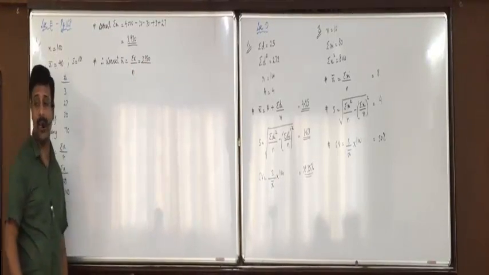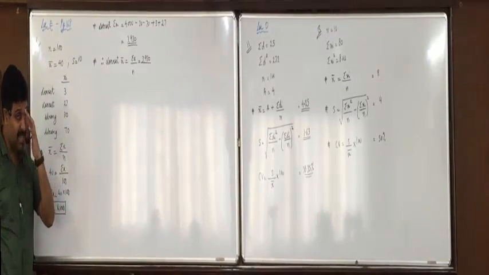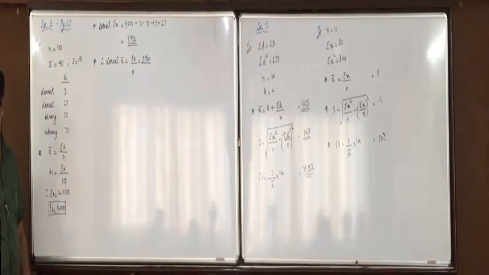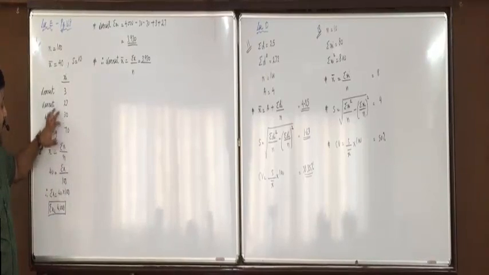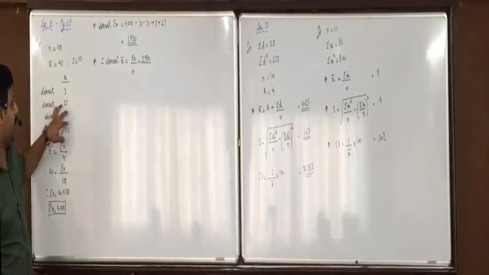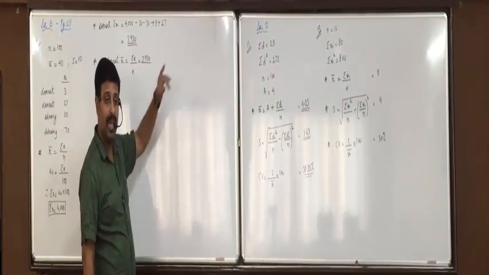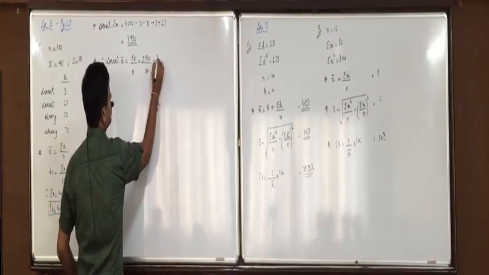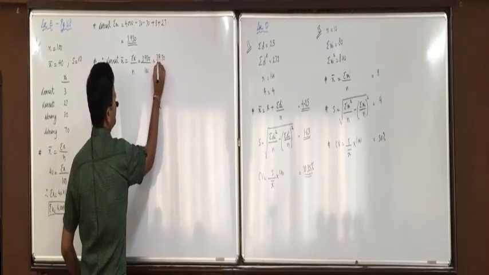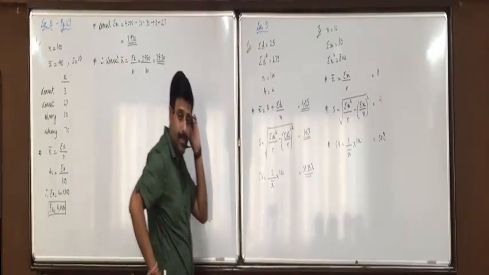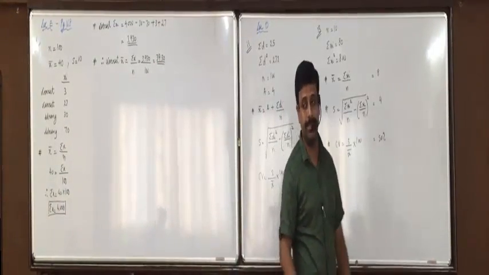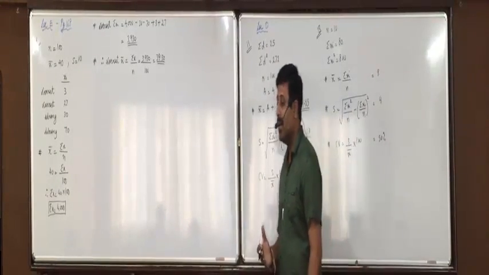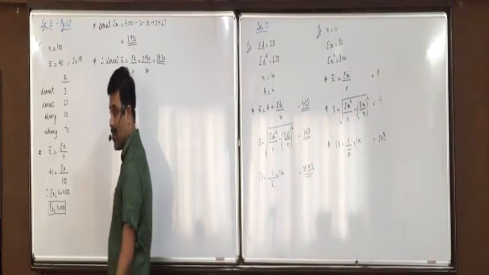Will n remain 100 or change? It remains 100. Why the same? Because we are subtracting two observations and we are also adding 2. So n will remain 100 only. So 39.3. Did you all understand this? Any confusions?